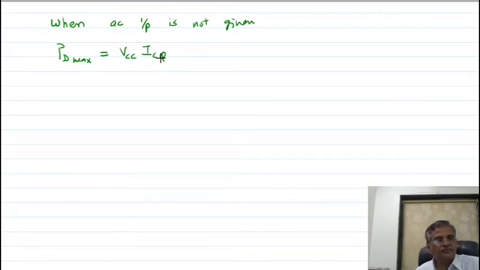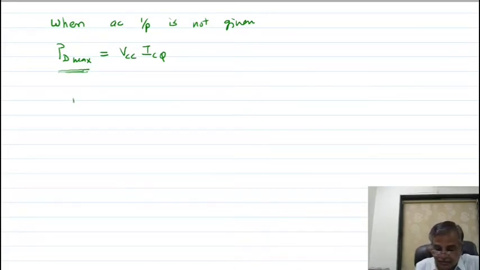Already I told you. When the AC input is not given, this is the maximum DC power dissipated in a transistor. So in a quiescent condition, remember the word, maximum power will be dissipated in a transistor. How much? This much.